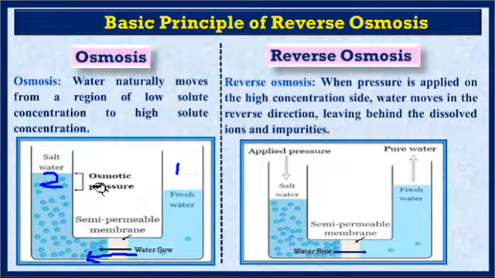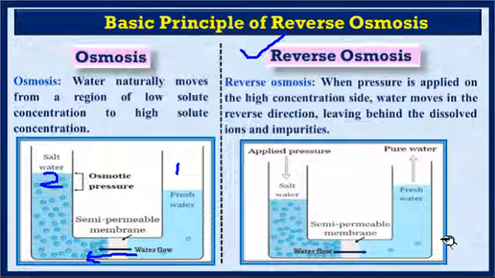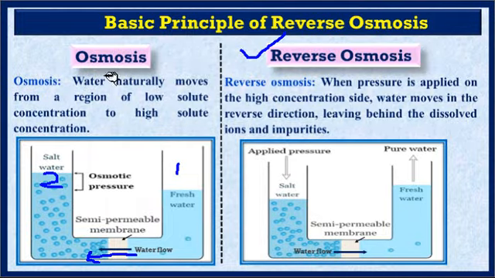Just the reverse of this normal process is known as reverse osmosis. But this reverse osmosis cannot be done normally or spontaneously, because the normal process is osmosis.